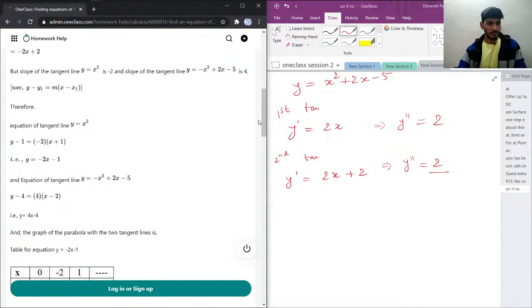So we are going to use y minus y1 equal to m into x minus x1. Therefore, the equation of tangent line y equal to x square is y minus 1 equal to negative 2 times x plus 1, that is y equal to negative of 2x minus 1.